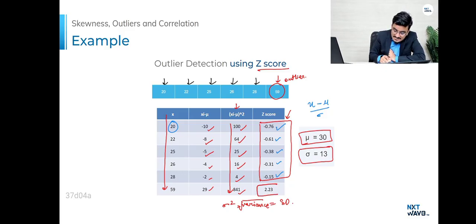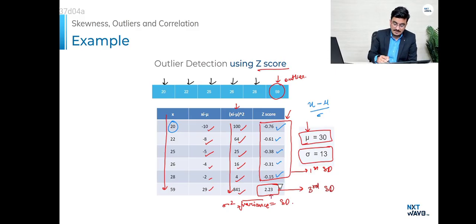But we can see that this particular value is 2.23 standard deviations away from the mean value of our data, which depicts that this is an outlier which is falling in the third standard deviation of our data, while all the other elements are falling within the first standard deviation. This falls in the third standard deviation because this value is above 2, right? This is how we can identify outliers using z-score.